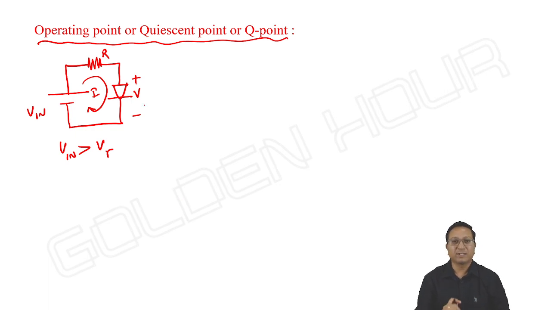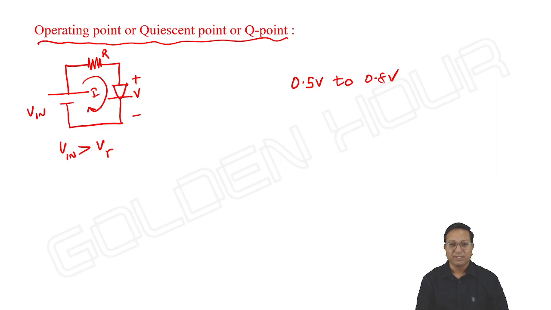To be frank, the value of V varies between 0.5 to 0.8 volts if the diode is made of silicon. It is a variable. It need not be silicon, it can be germanium also. Germanium means 0.1 volt to 0.3 volts. Here I'm thinking of a silicon diode. So V is not a fixed value. It can take any value ranging from 0.5 to 0.8 volts.